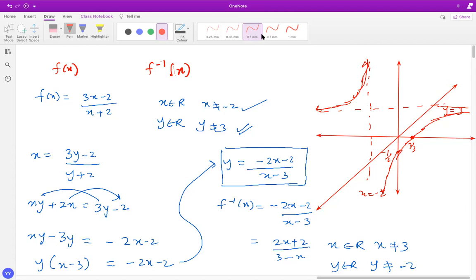When you draw the vertical asymptote here, we get x equals 3 and y equals negative 2. Now in this part, the graph is going to be something like this, cutting here like this, and this part comes here as a reflection. So that's how you sketch the graph using the y equals x line.